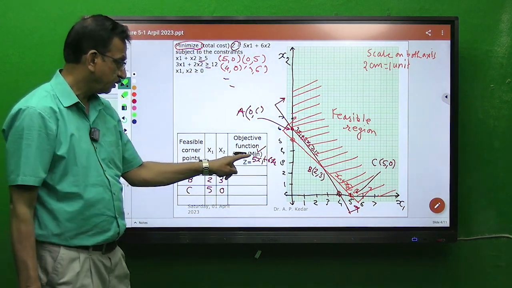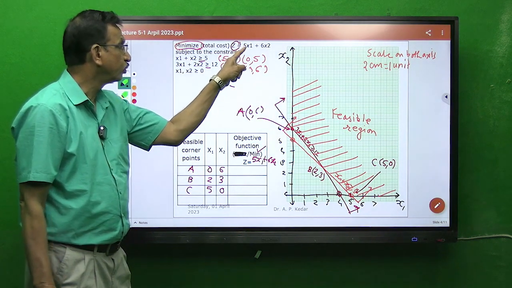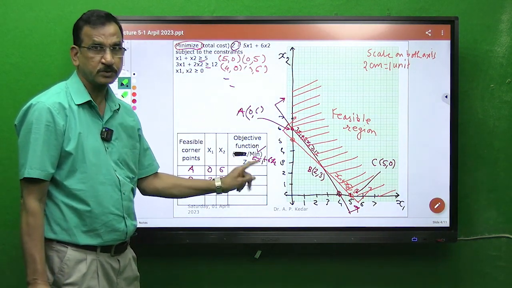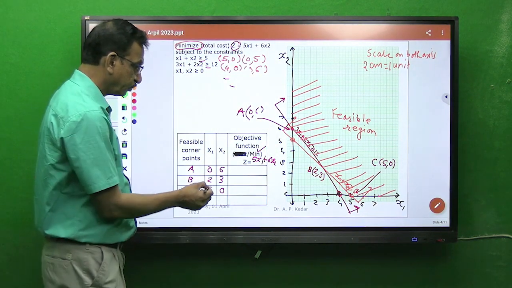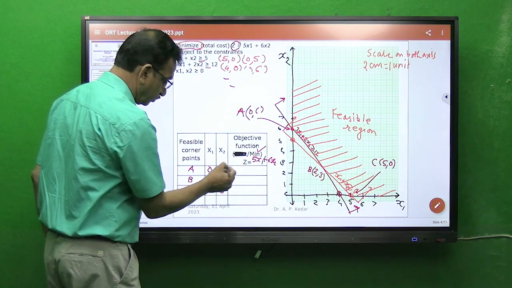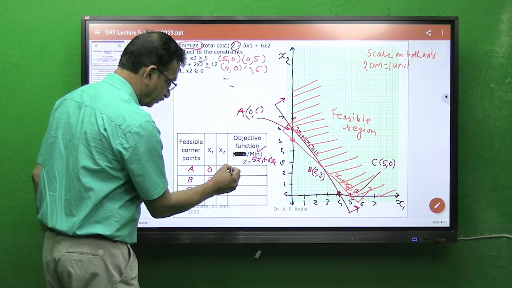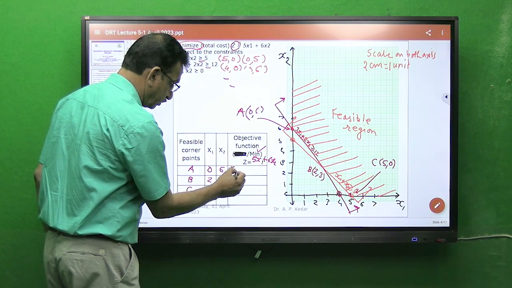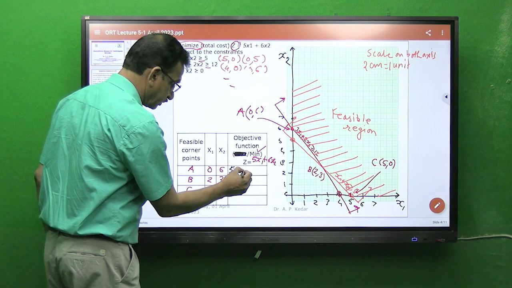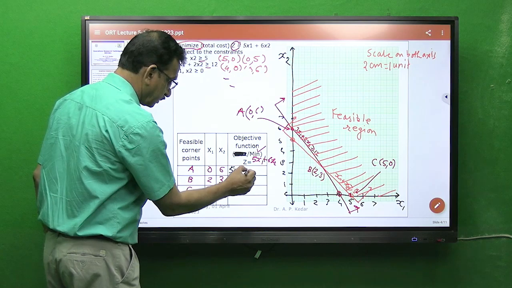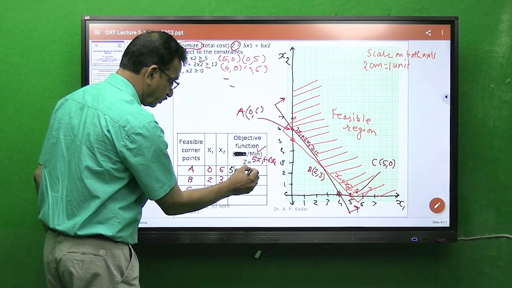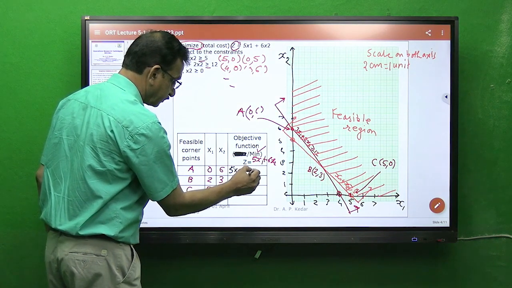So what I am doing? Minimize 5x1 plus 6x2. Simply you have to put the values. 5 into 0, 5 into 0 plus 6 into 6.